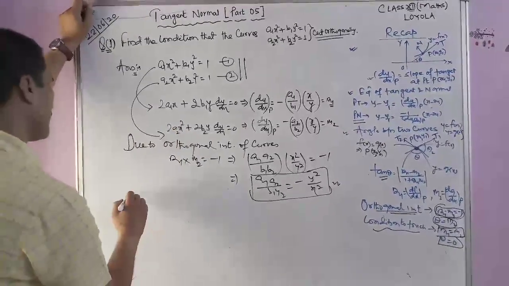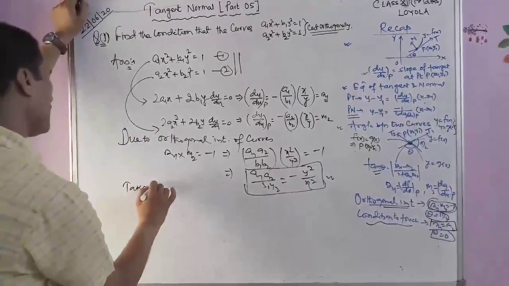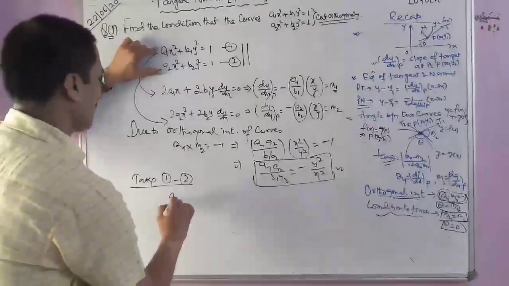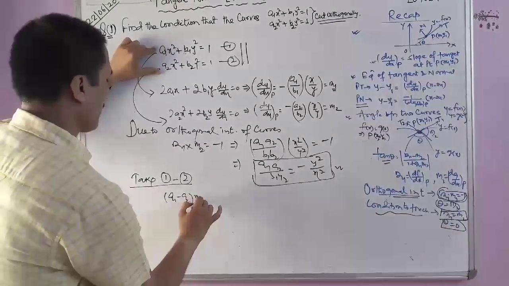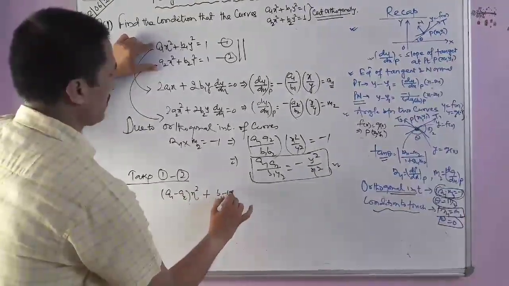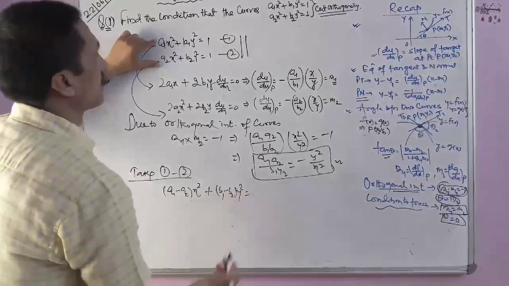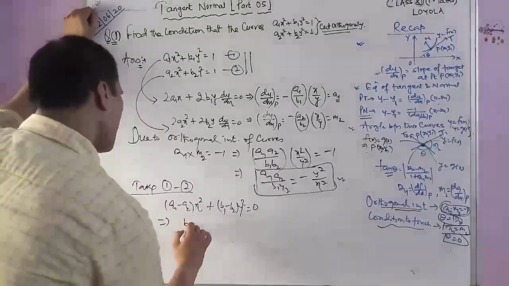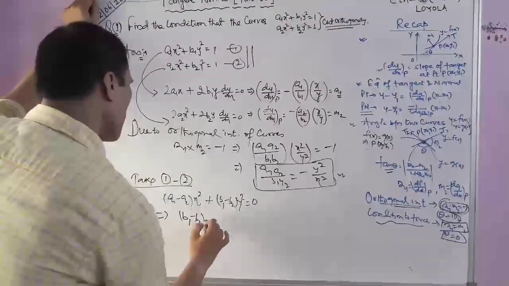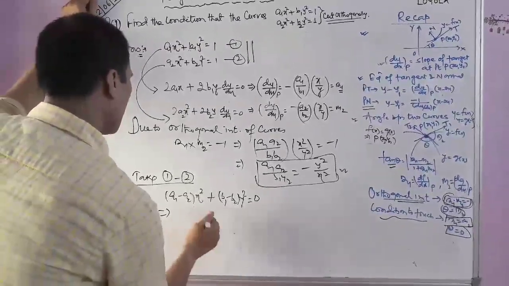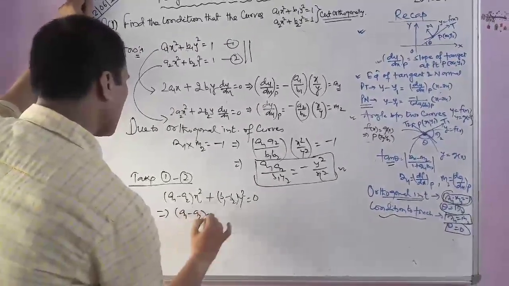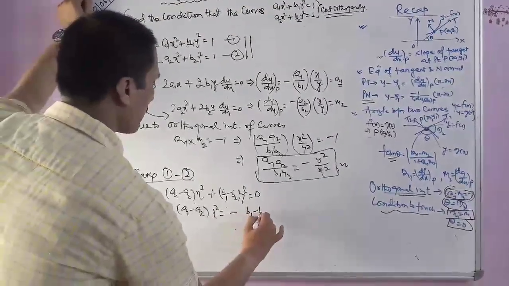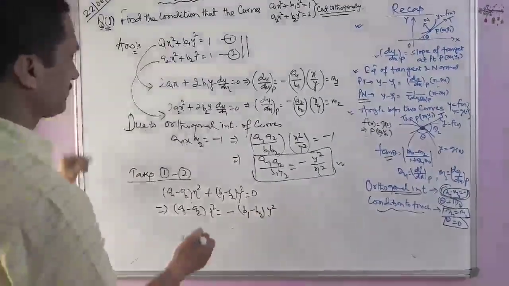For this, taking equation 1 minus 2, we subtract these two equations: (a1 minus a2) x square plus (b1 minus b2) y square equal to 0. This will give (a1 minus a2) x square equal to minus of (b1 minus b2) y square.